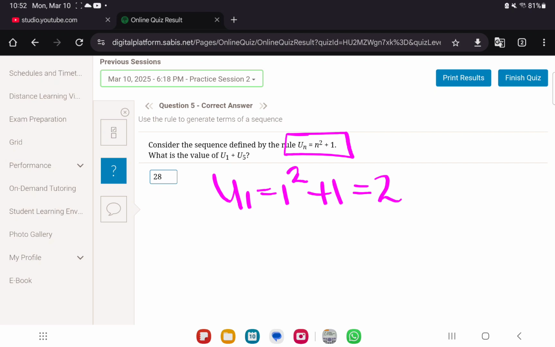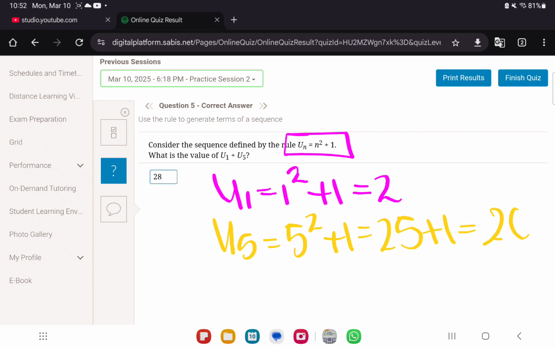And then we have u5 equals 5 squared plus 1, which is 25 plus 1, which is 26. So u1 plus u5 is 26 plus 2, which is 28. And that's your answer.